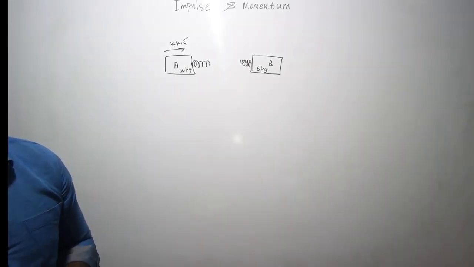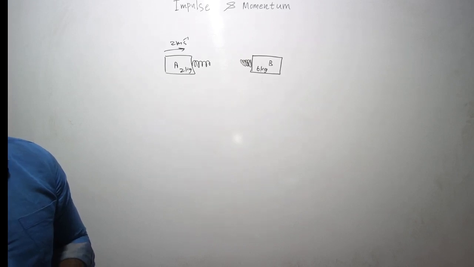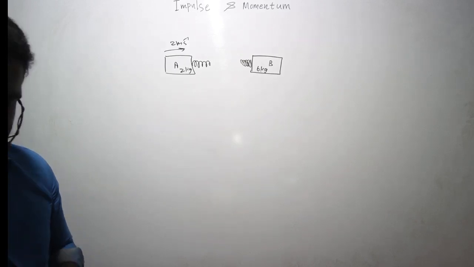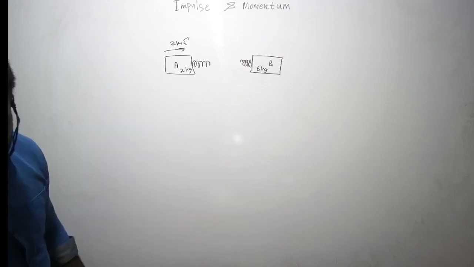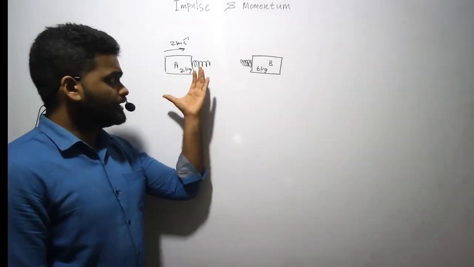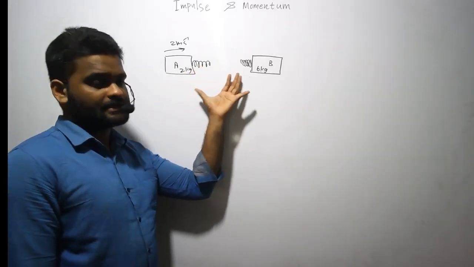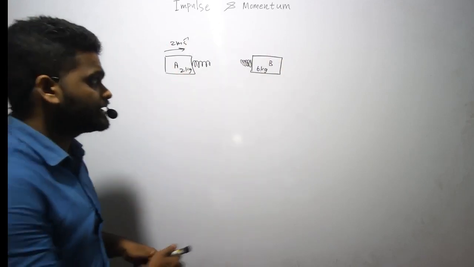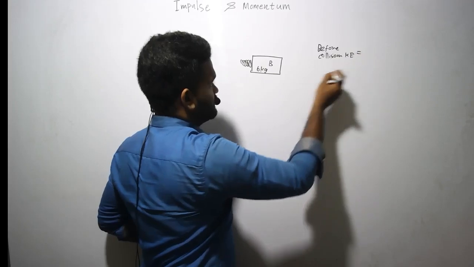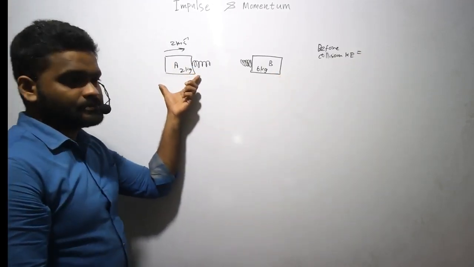So this question also is important. I think this question is from 2020. So what they're asking is, let's think about kinetic energy. So this is before collision, right? Before collision kinetic energy. This is at rest and only this is moving.